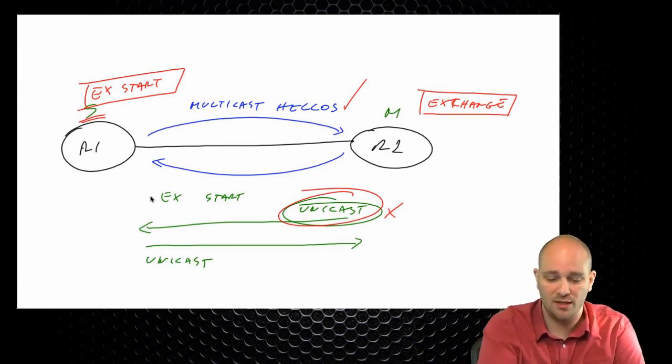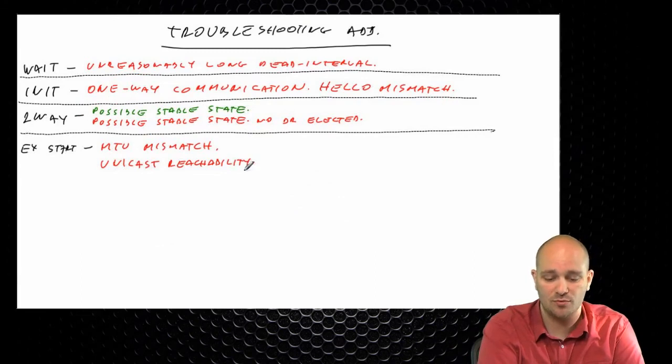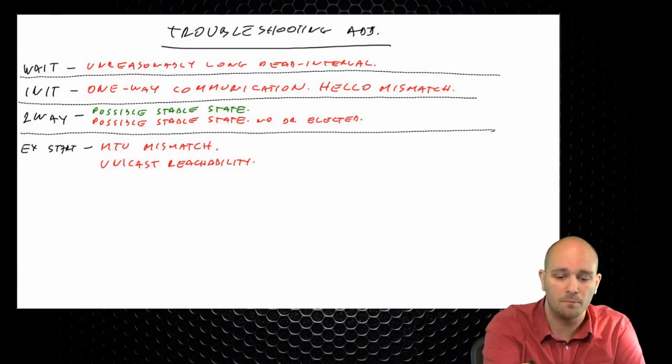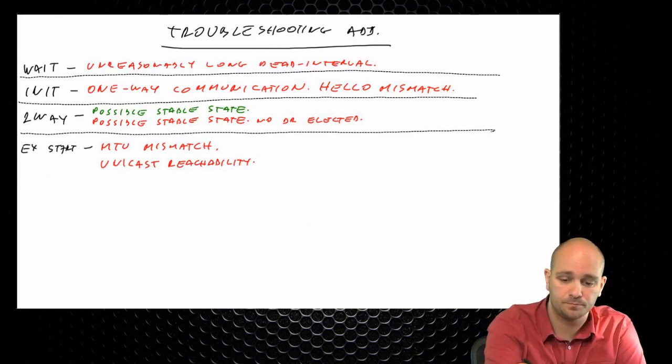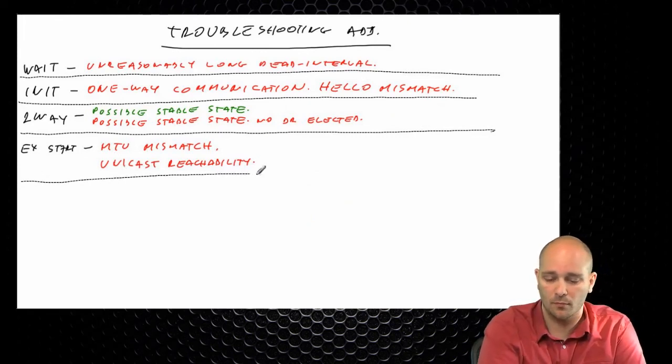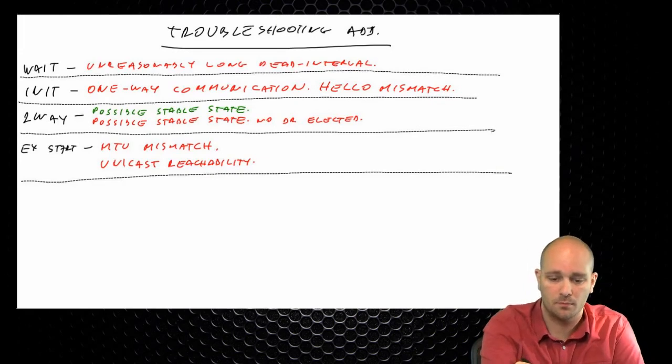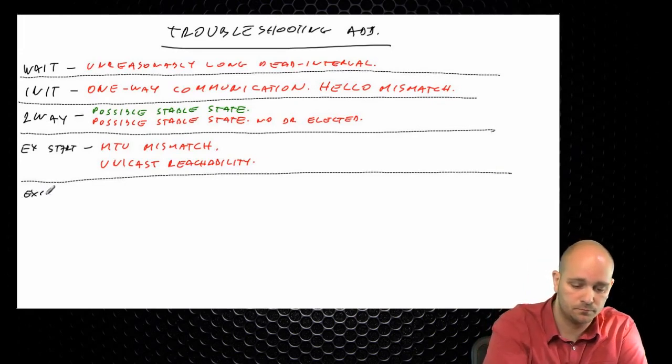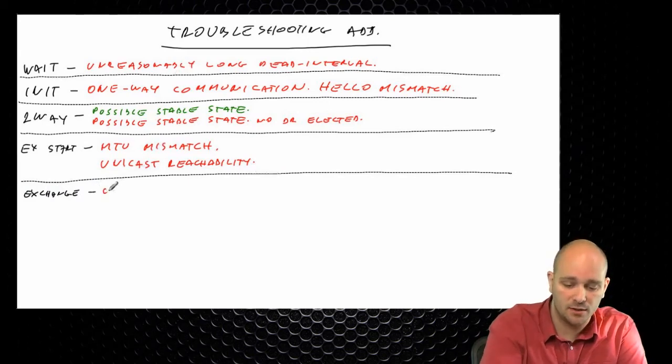This is what I wrote here: unicast reachability could be the problem. If they are stuck in the exchange phase, the number one reason for that is unicast reachability, just as I explained. Same reasons.